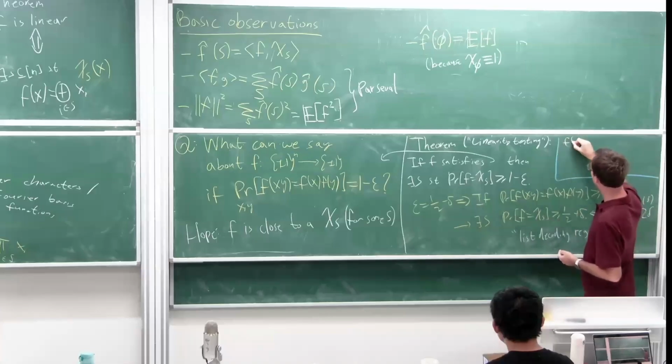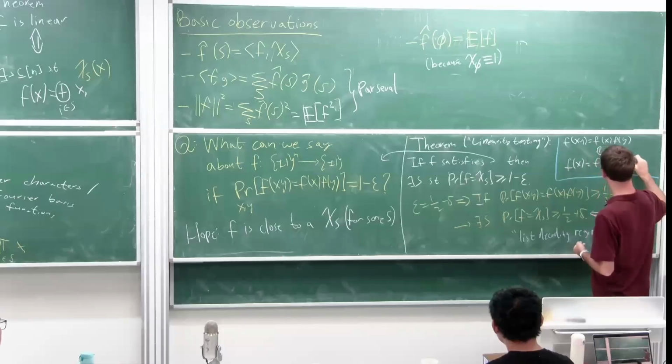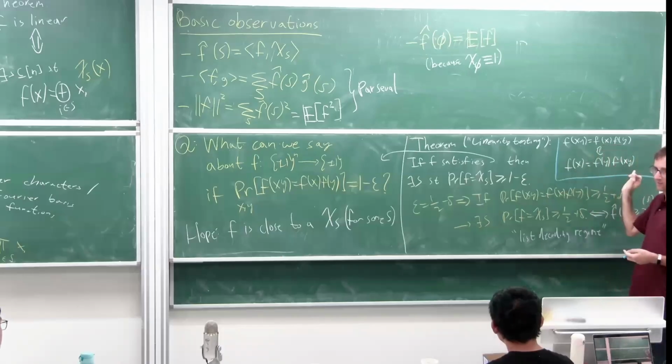You can write this property in a different way. Everything here is plus minus 1, so I can switch things around.